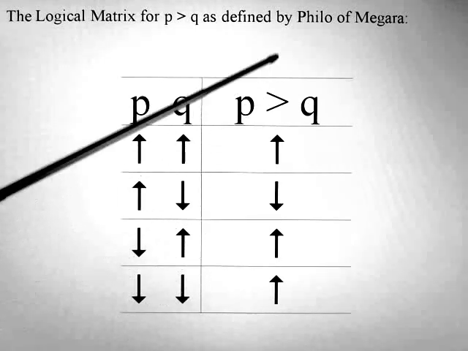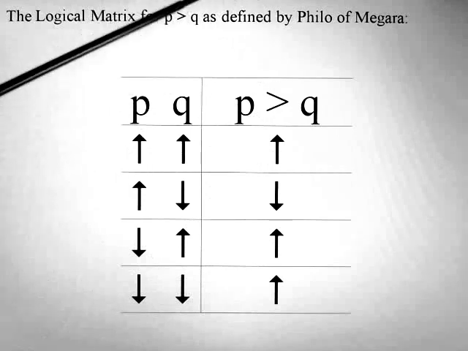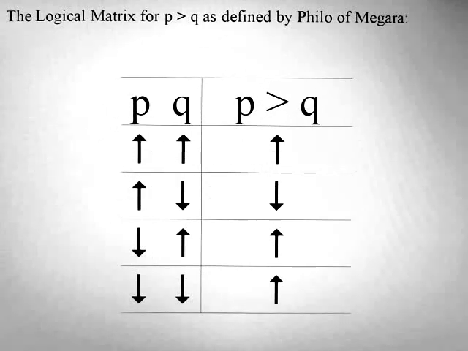And so to say that false implies true is true, and to say that false implies false is also true. As it turns out, this definition of implication is identical to the definition of a particular not-or statement, a combination of not and or.